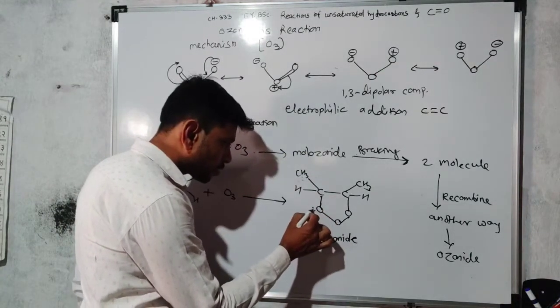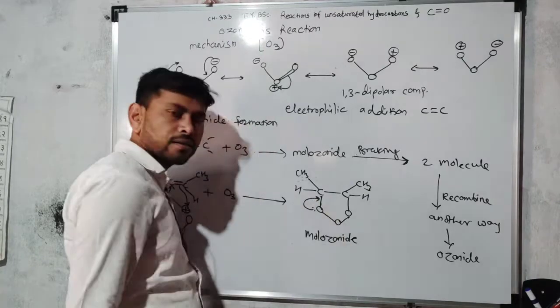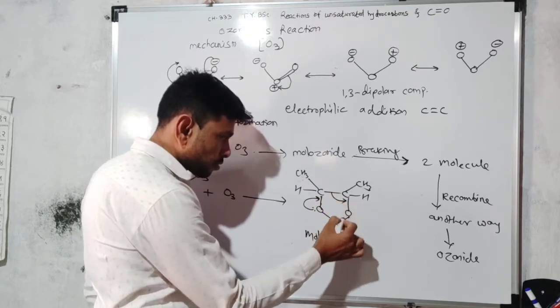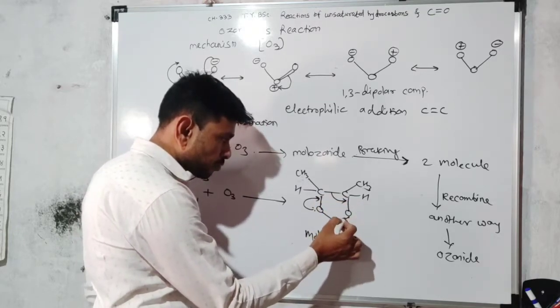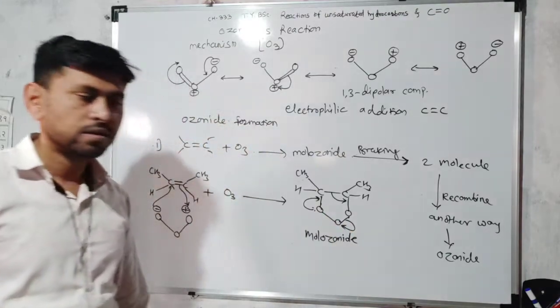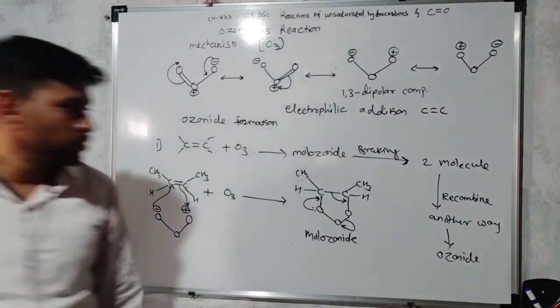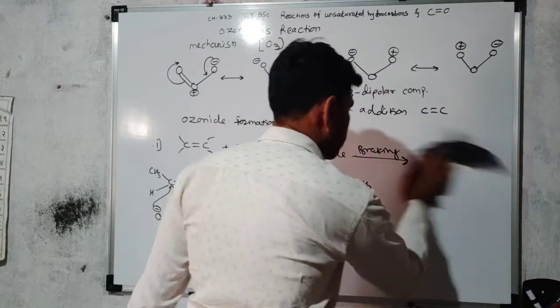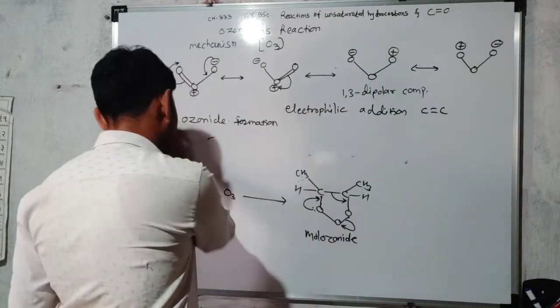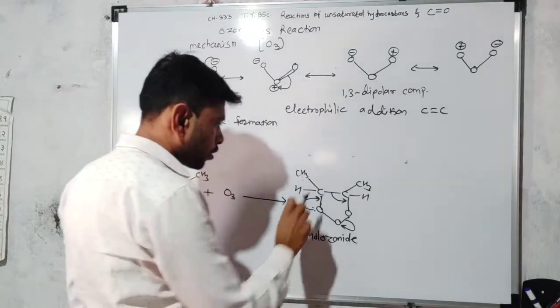The pair of electrons on this oxygen attacks here, so a double bond forms here and this bond breaks, due to which the negative charge is on the oxygen. So the molozonide is broken into two molecules. See how the two molecules are obtained.